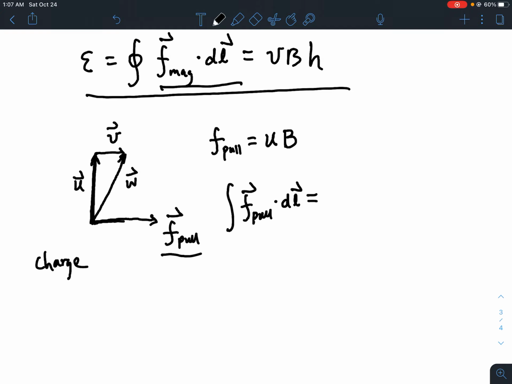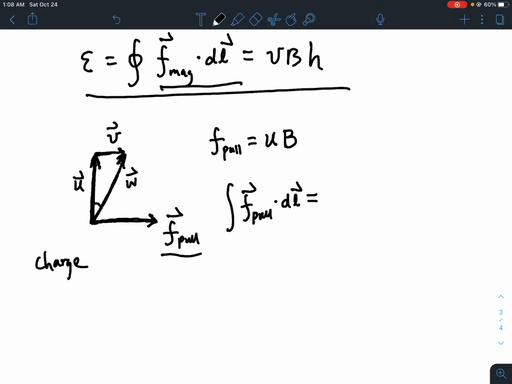So if you look at the charge, the person is moving, the force is this way, but actually the particle is really moving along this w direction, because as I said, it has suffered this electric force that makes it move this way, and at the same time it also moves together with the wire.